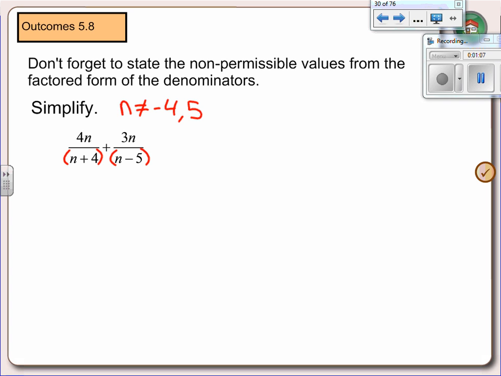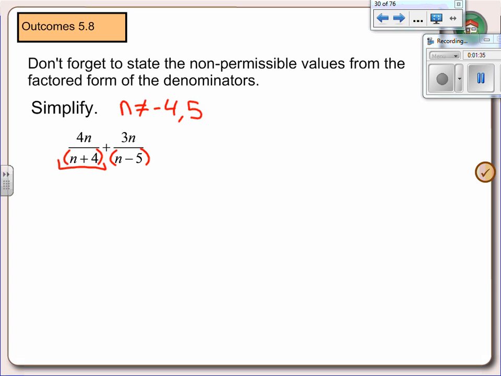Awesome. Now we need to move into the actual simplification. And when you have addition or subtraction, simplification is a little bit more difficult than multiplication or division was, because the only way you can combine these two fractions is if you have common denominators. When we talk about common denominators, we're talking about having these entire things. So for instance, that n plus 4, remember it's a package.